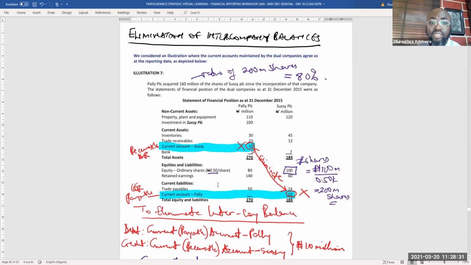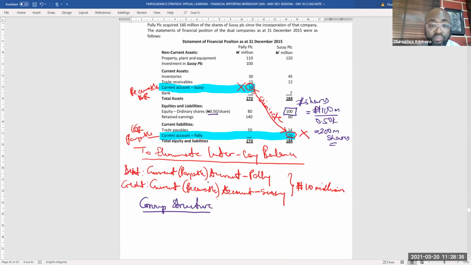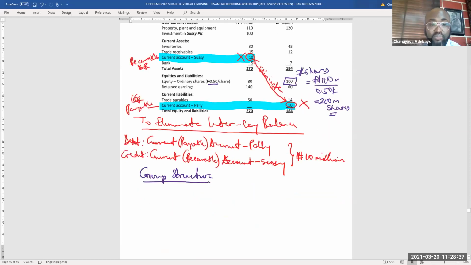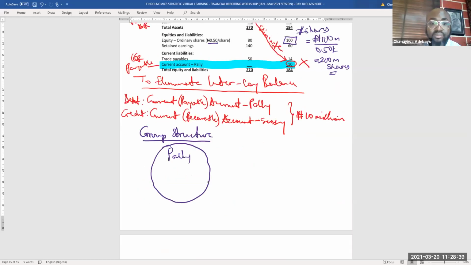Therefore, we'll come here to say our structure: PALI, Susie, 80%, 20%.